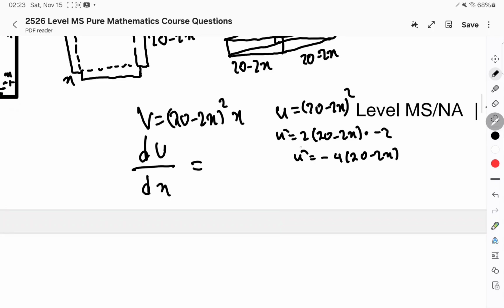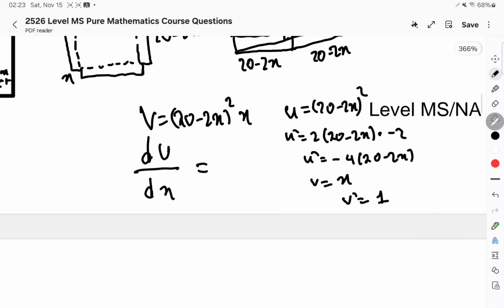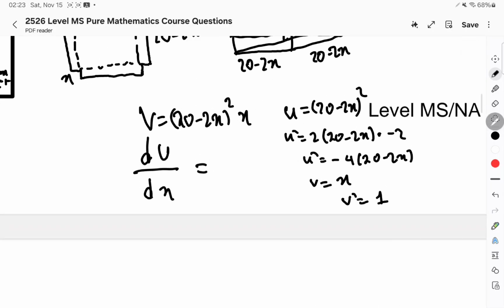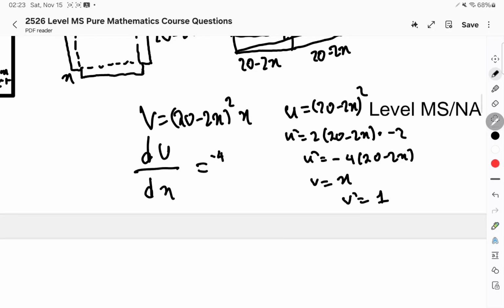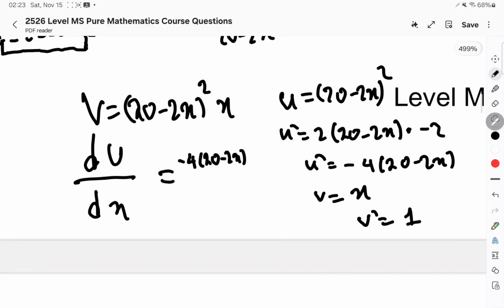And then v is equal to x, and v prime is equal to 1. So now I just do u prime v. U prime is minus 4 times 20 minus 2x, times v, plus, wait, let me just move everything aside.